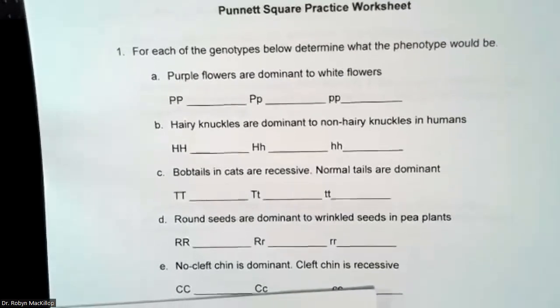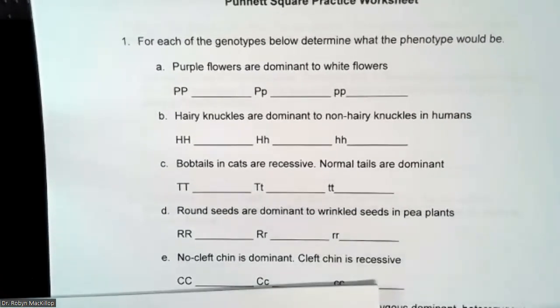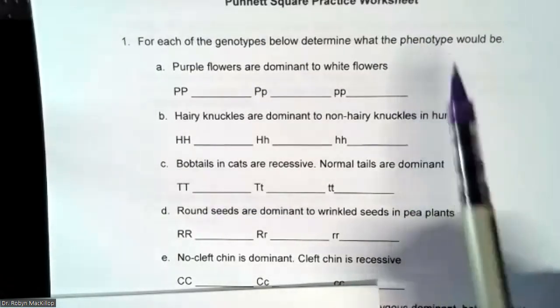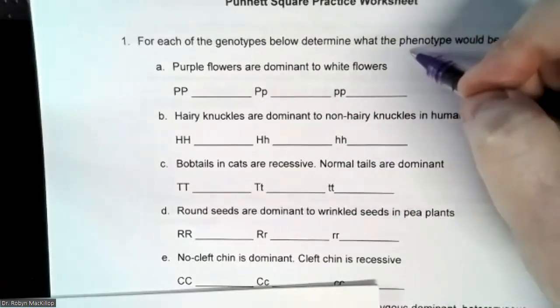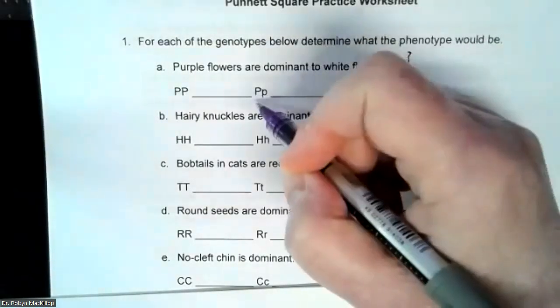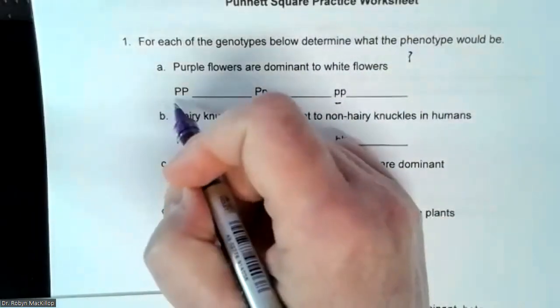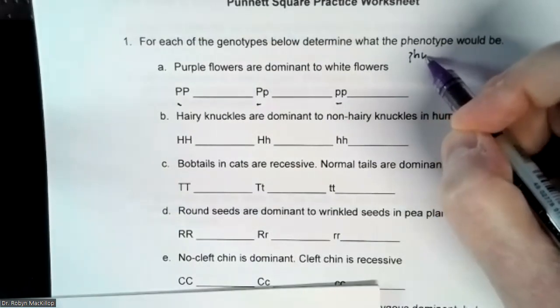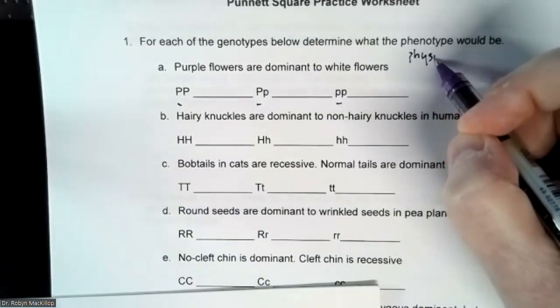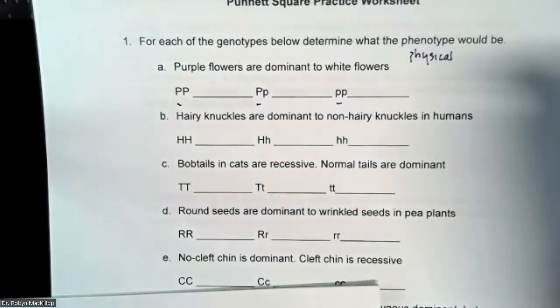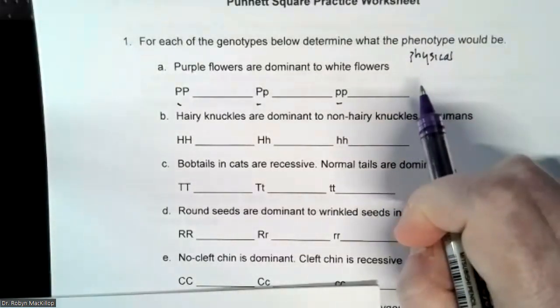So with that, let's take a look at these. Oh, this is another term, phenotype. This is the physical. So these are genotypes, the trait letters. The phenotype is what you can see. So if you look at somebody and you see they have brown eyes, brown is their phenotype.